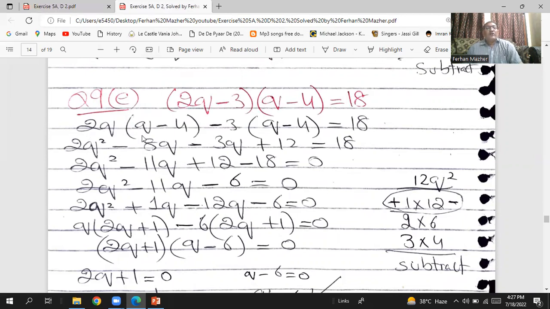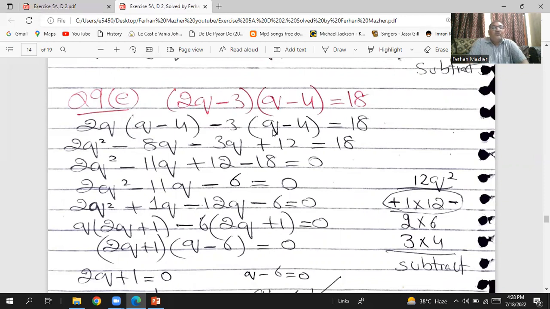So the 2q multiply with the q, it will be 2q square. 2q multiply with minus 4, it will be minus 8q. Minus 3 multiply with the q will be minus 3q. And minus 3 multiply with the minus 4, it will be 12. So equals to 18. So you will have 2q square minus 11q plus 12 minus 18 equals to 0. So you will have 2q square minus 11q minus 6 equals to 0.